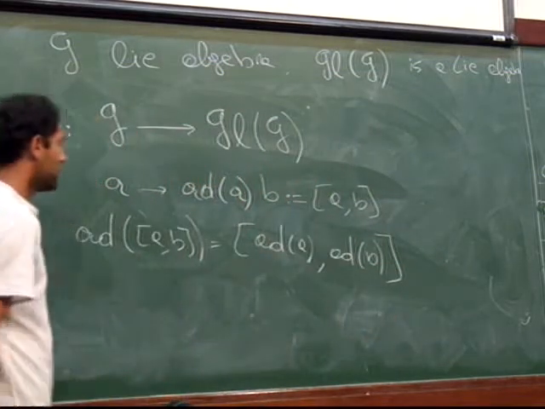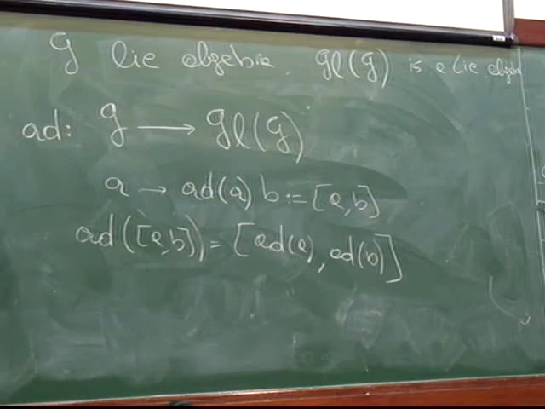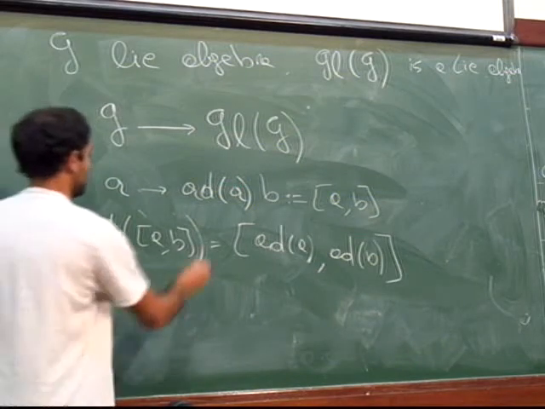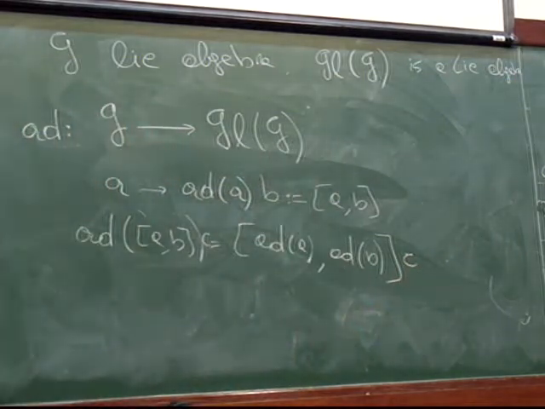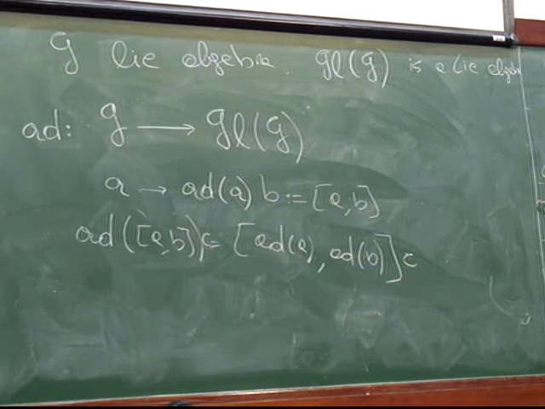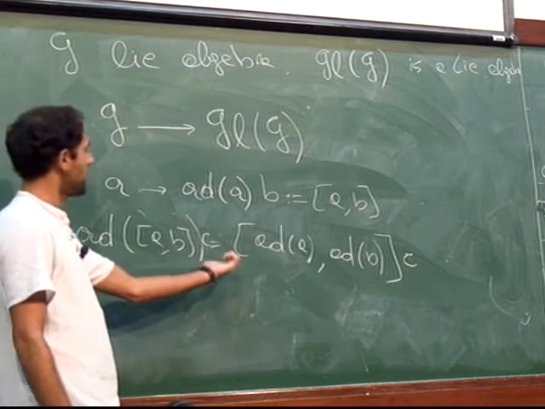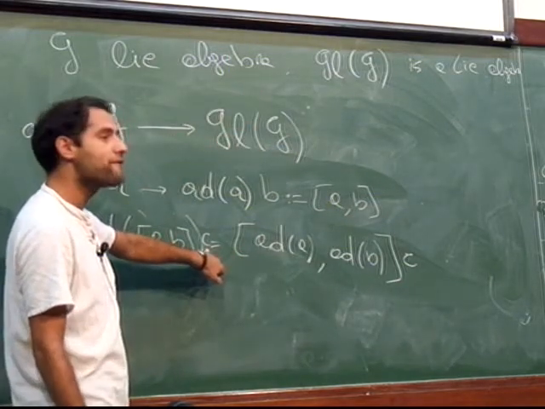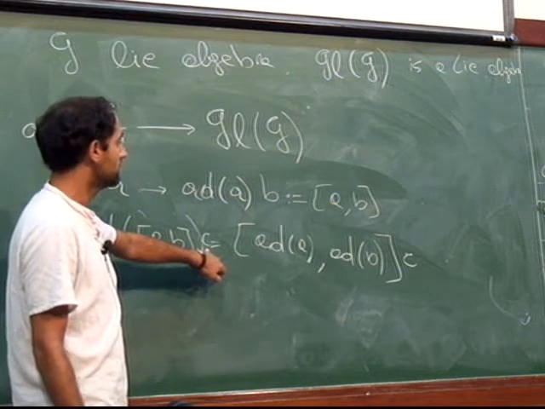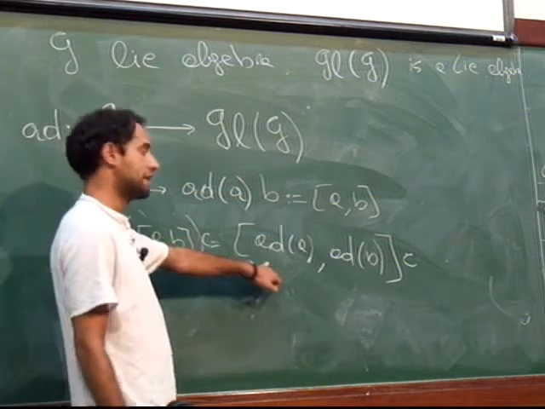This we want to check. In order to check this inside of GLG, just apply it to vectors C. This is an equality inside of GLG. In particular, if this is true for every C in G, then this is going to be true in GLG.